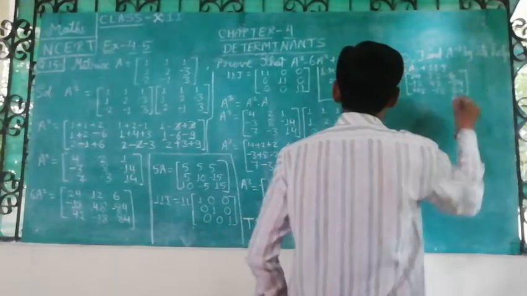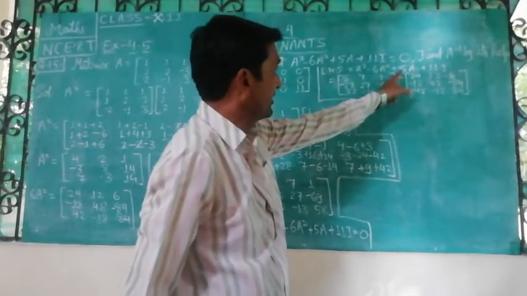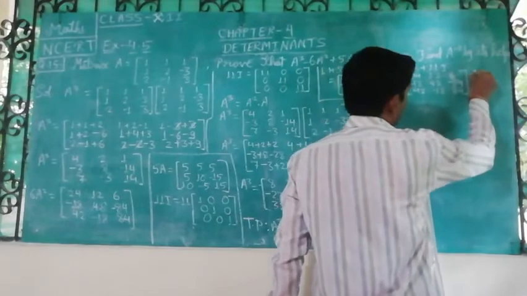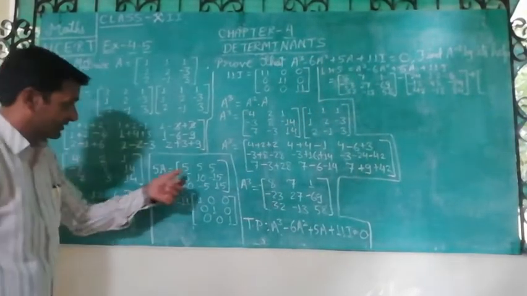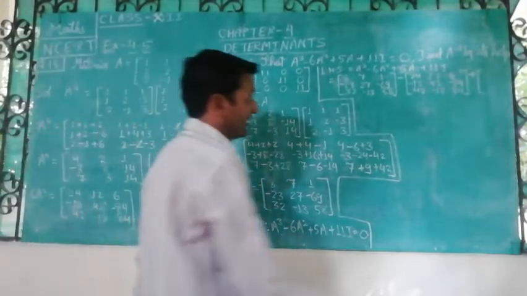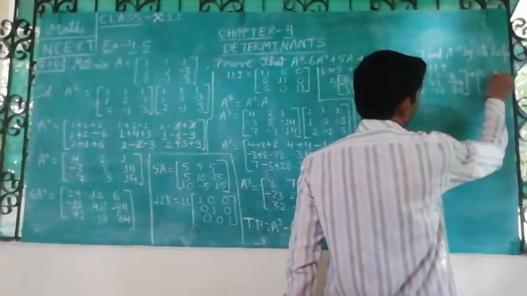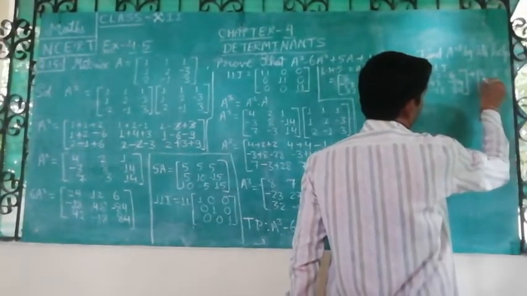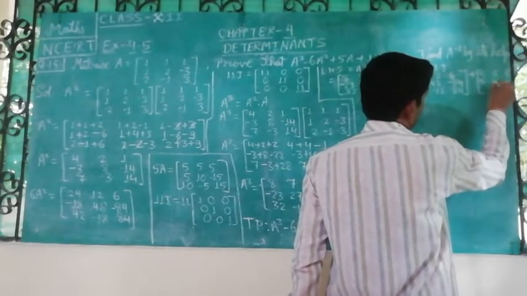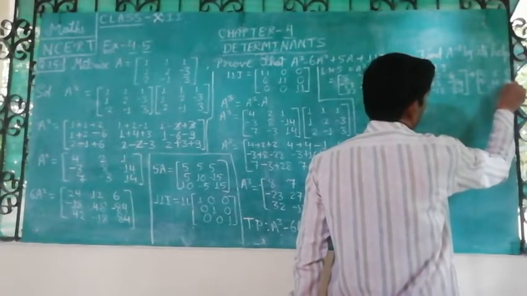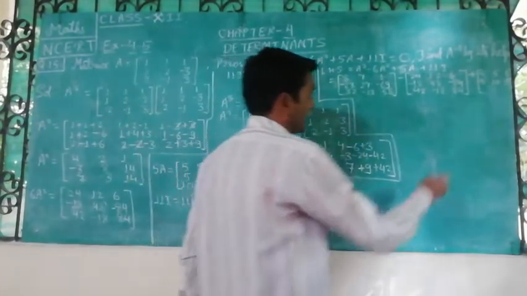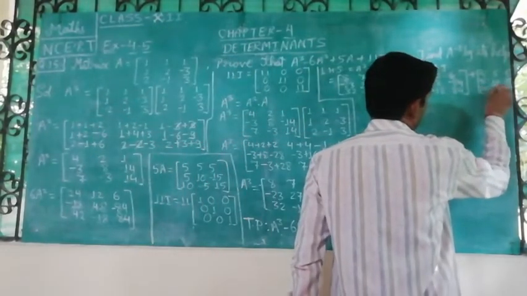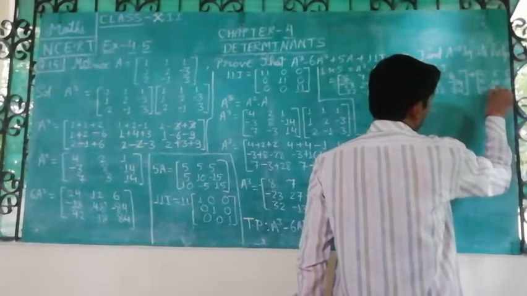Now what is needed? This A cube and 6A square written. Now plus 5A. So plus 5A we have determined already. See where it is? Here it is. 5, 5, 5, 10, minus 15, and then 10, minus 5, 15.